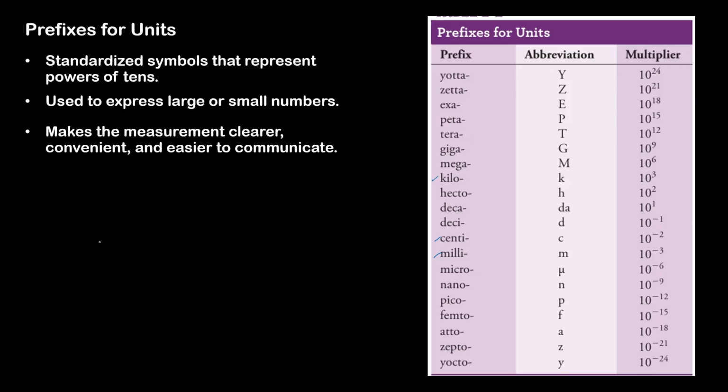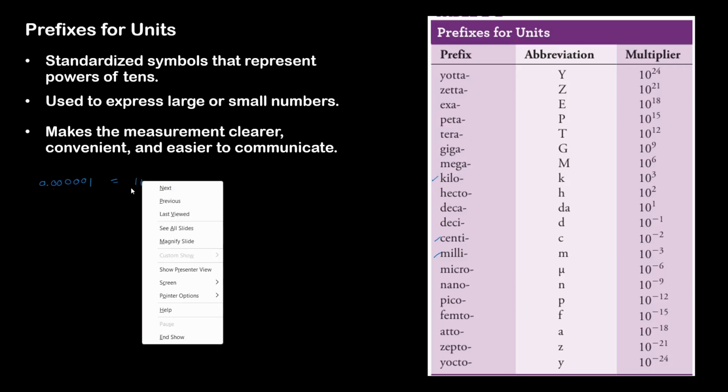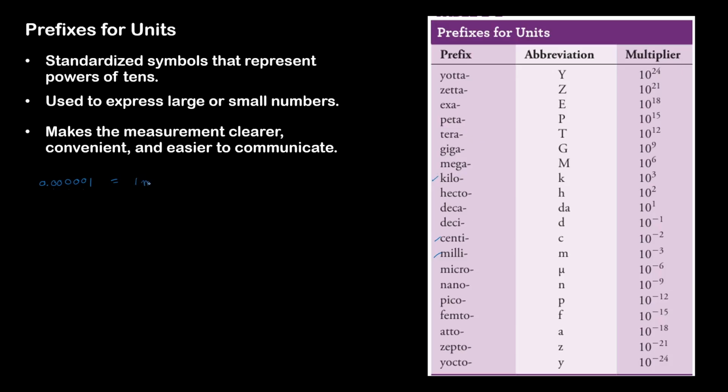So for example, instead of writing 0.0000001, this would be what? 1, 2, 3, 4, 5, 6. The value is the same when it is called 1 micrometer.